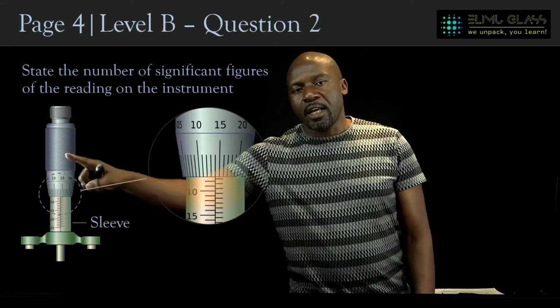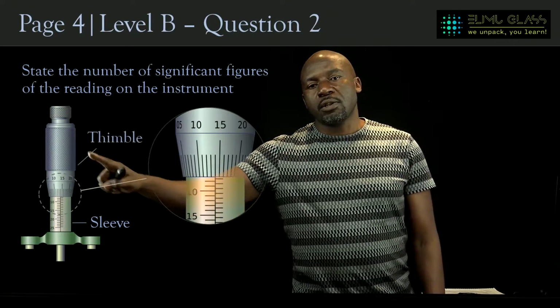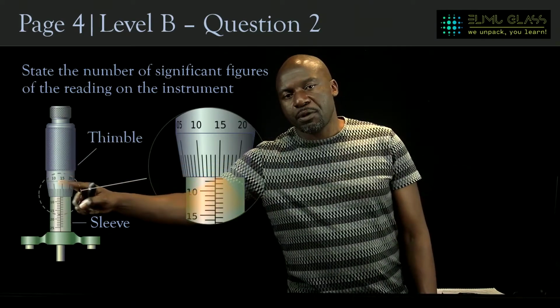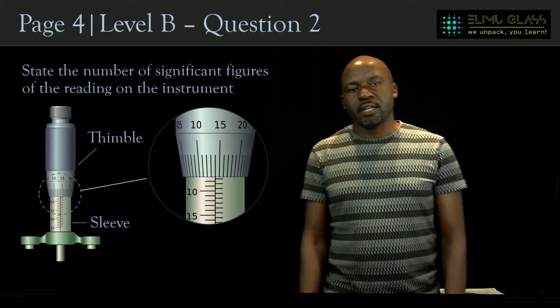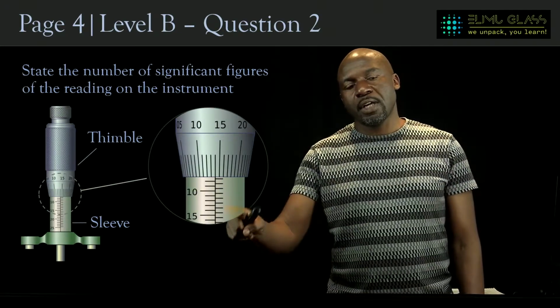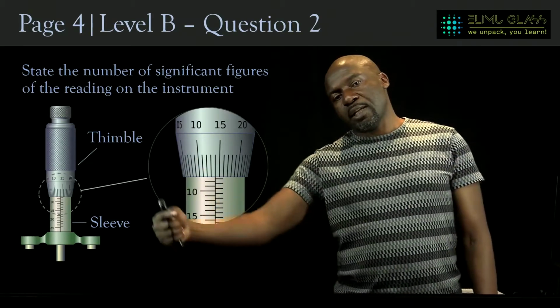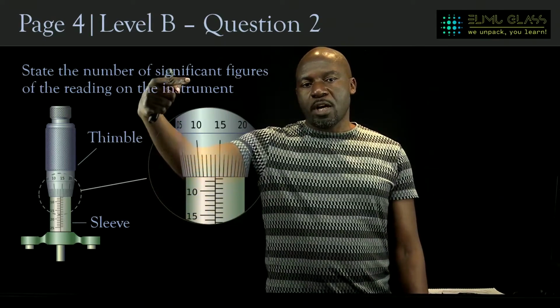And that other one, the upper one, is called the thimble, and the readings on the thimble are the thimble scale. When we want to take a reading, first of all, we go to the sleeve and we record. If you look at the numbers here, there is a 0 somewhere up there.